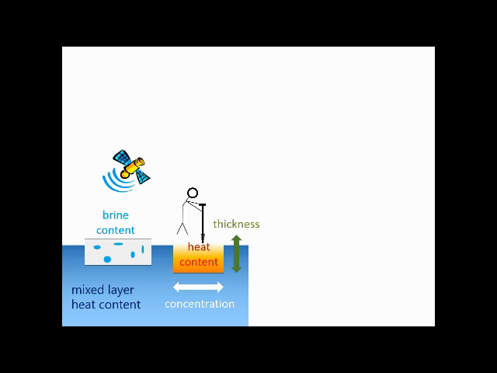Ideally, to understand the full picture, we would need much more information than what observations can deliver. And this is why models are used extensively, because models can simulate everything, so all the variables that we need, everywhere and at any time.